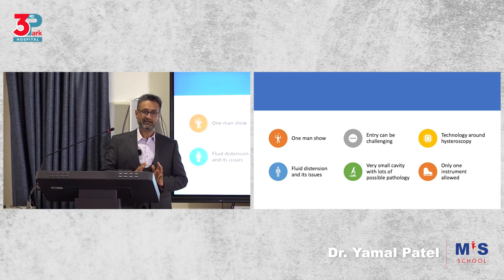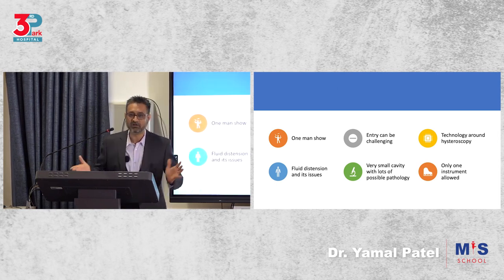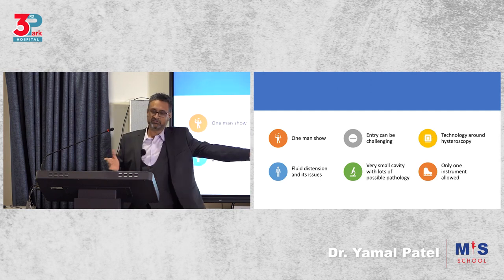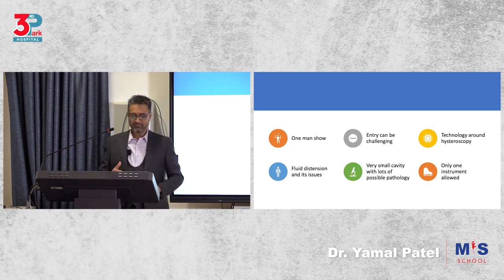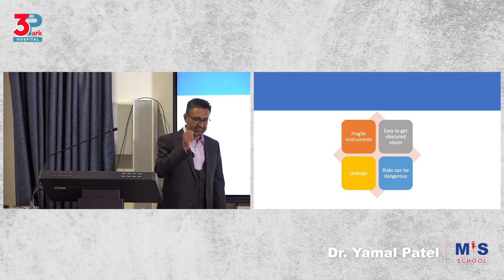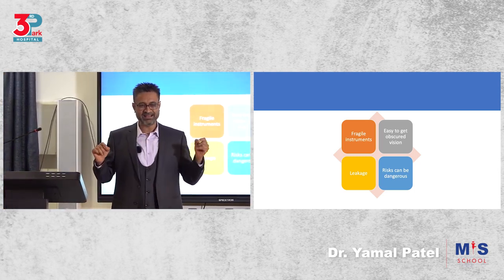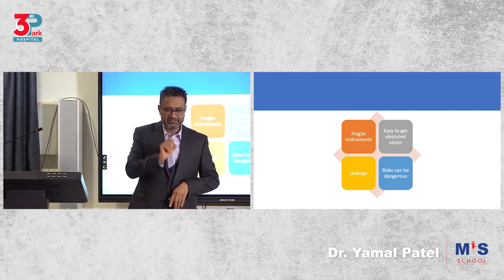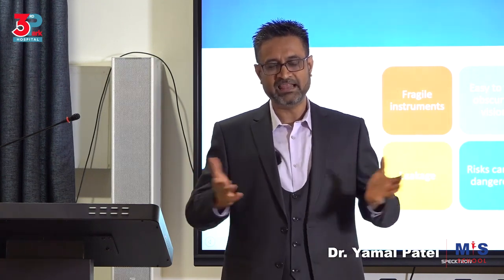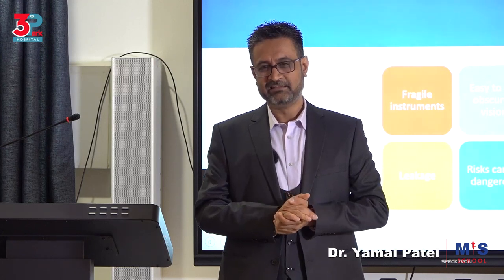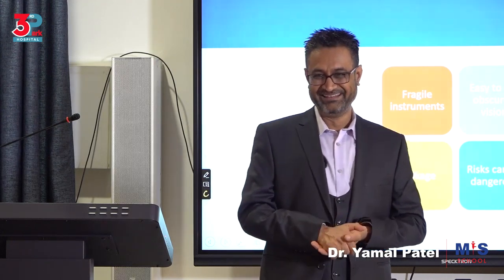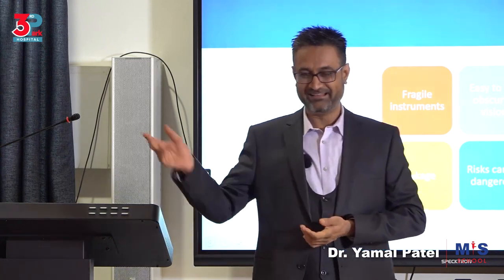It's not just, I need to know how to do hysteroscopy. If you don't know that this is what's going to be required, then what? Remember, they are fragile instruments. The scopes are tiny, thin, 2.9. The instruments are 5 French, 1.6 millimeters. I had a workshop where, with a couple of delegates, in less than 10 minutes, 3 scissors were broken, and the simple reason was how they were handled.